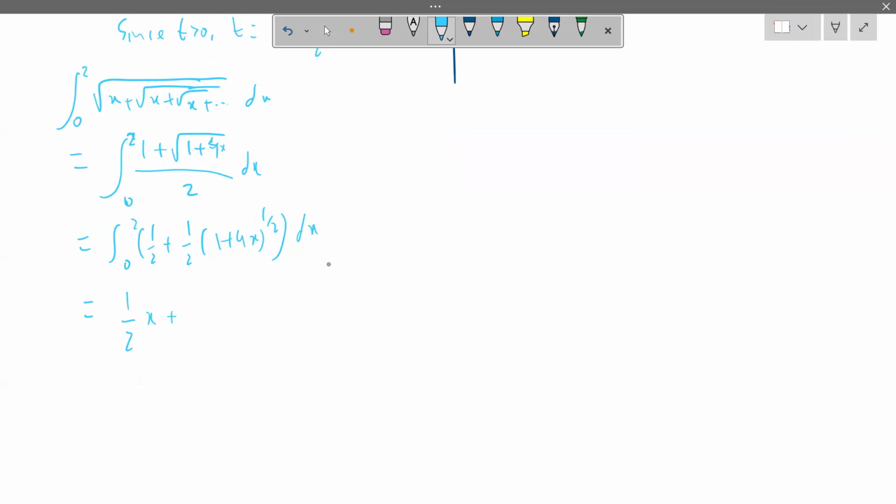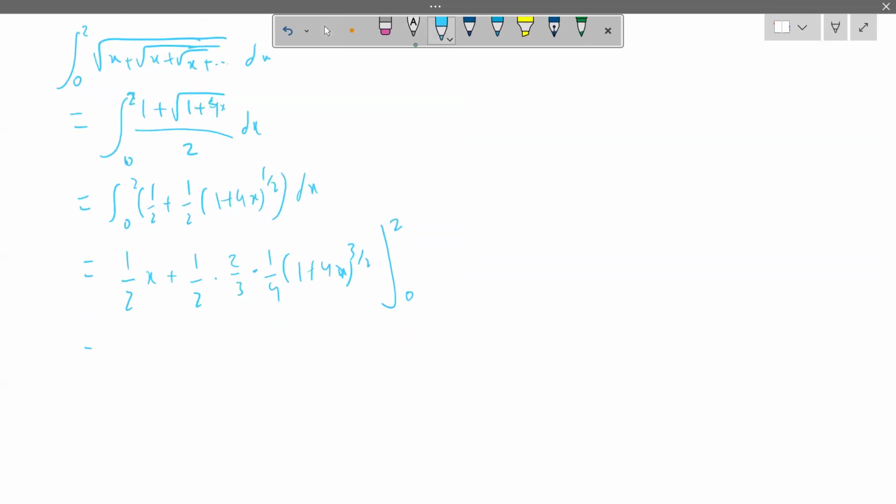And then the right term here is 1/2 times 2/3 times 1/4 of 1 plus 4x to the power of 3 over 2. And we have to perform this integration from x equals 0 to x equals 2.